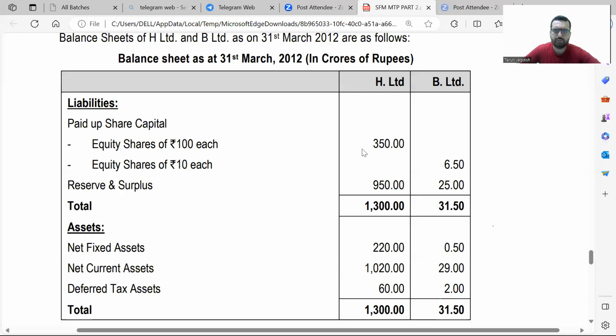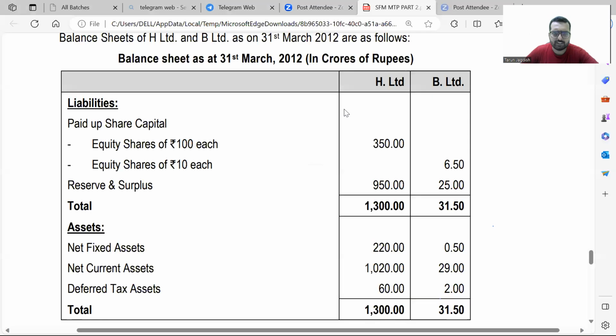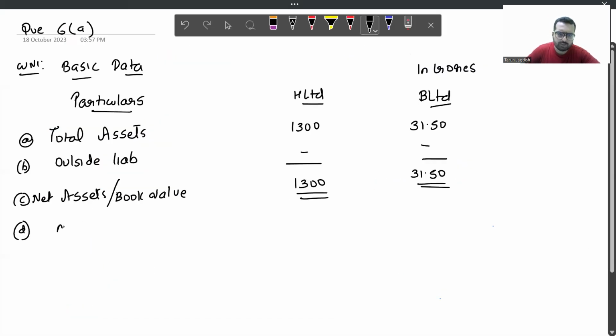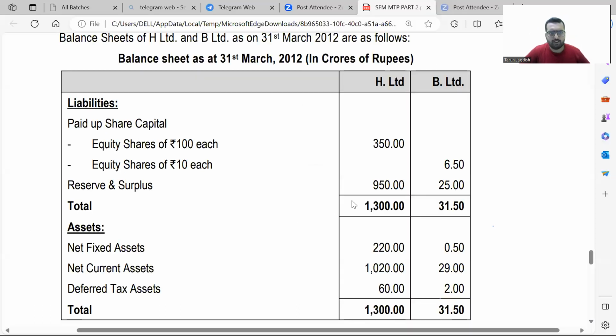Have they given the number of shares? 100 rupees each, 350 crore divided by 100 rupees. That is 350 lakh shares, correct? So the number of shares, I think we'll just put that also. Number of shares is 350 lakh shares. And for the second one, 6.5 crore divided by 10 rupees.